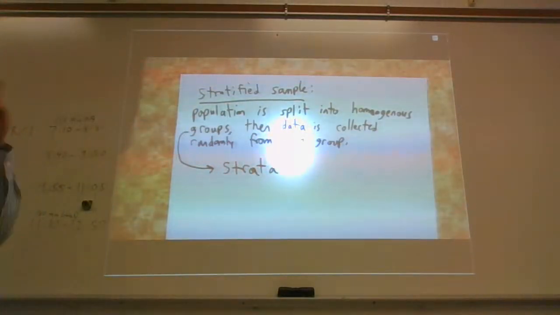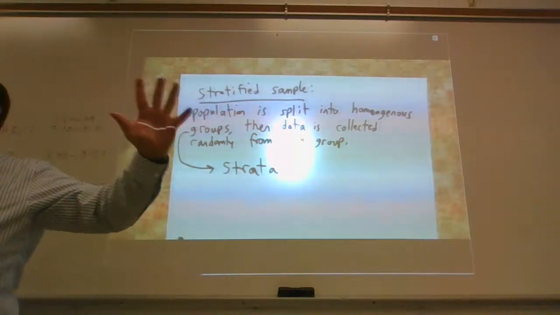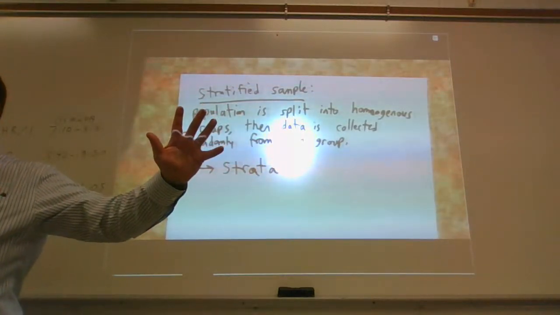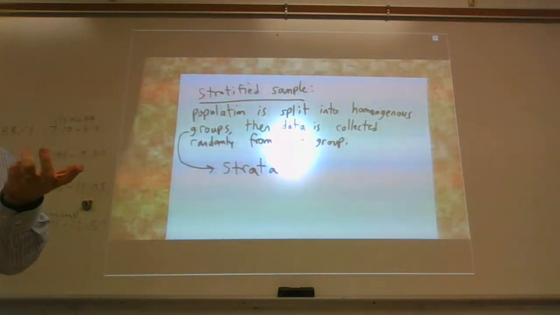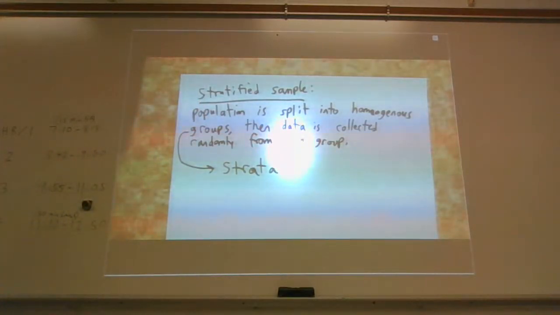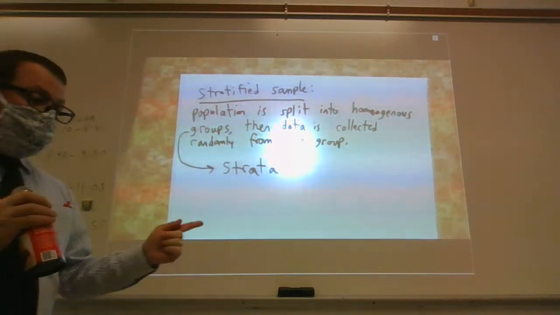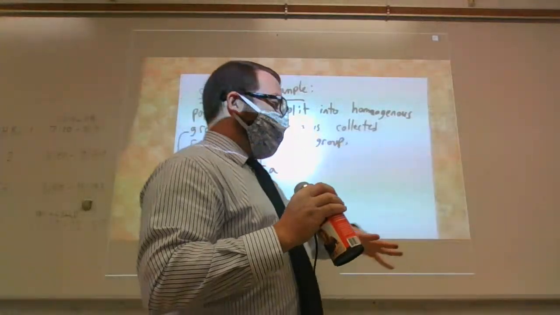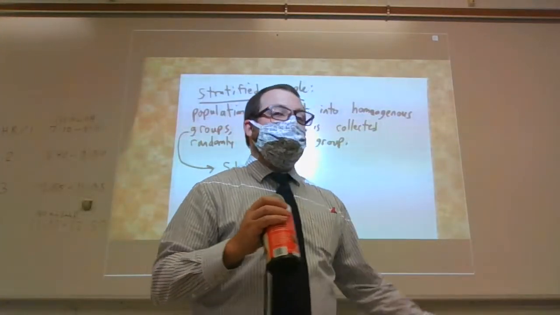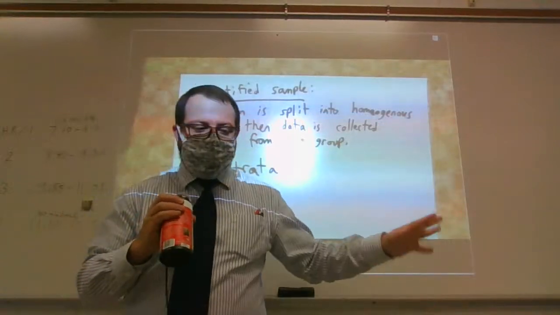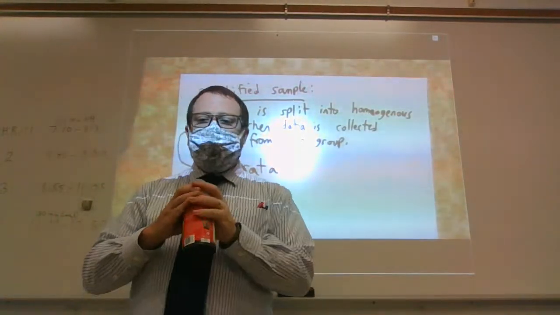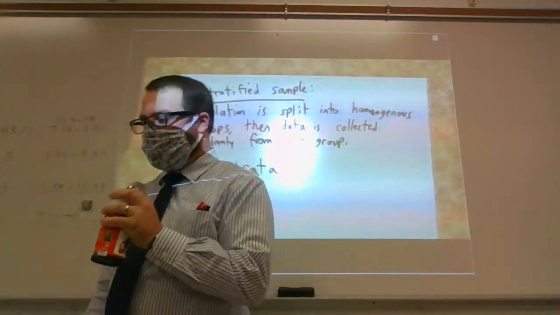What's one way I could split up the population of Barnegat High School in order to do a proper stratified sample? What's just one example that I could split them up by? Grade level. Yeah, absolutely. I would argue that the opinions of ninth graders in regards to whatever it is I'm trying to find out, college, life, freshmen have a much different opinion than that of seniors.